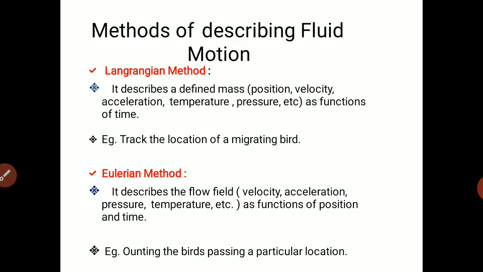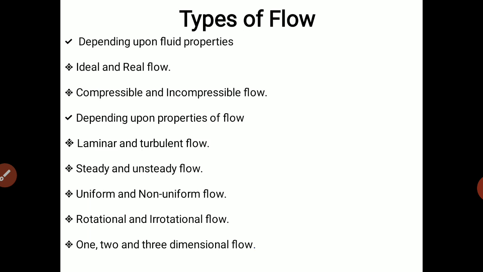So basically just remember this thing, it is a function of time, and in Eulerian method it is a function of position and time also. So in this Eulerian method the observer concentrates on the fixed point of the particles. Okay, so these are the two methods of describing the fluid motion.